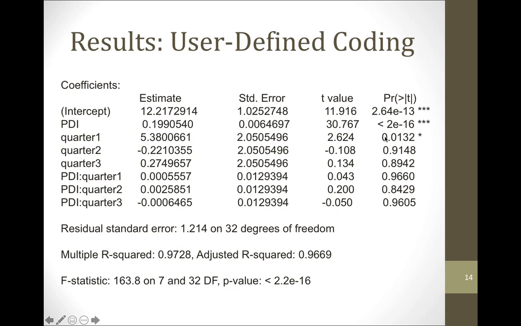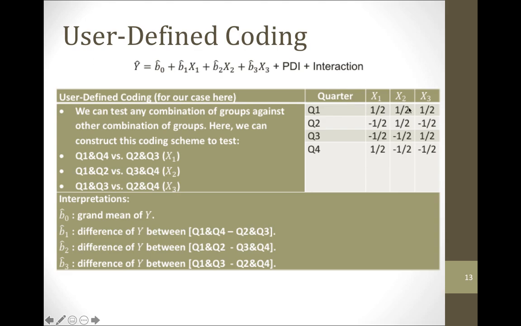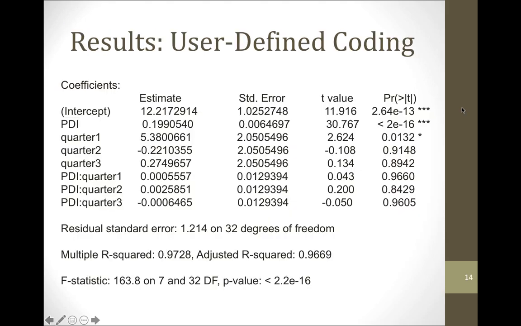So this is significant, right? And you can see here, since we specified all 3 coded contrasts, like the variables here, we specify all 3. So you can see the F test is still the same value, and the R squared is still the same value.